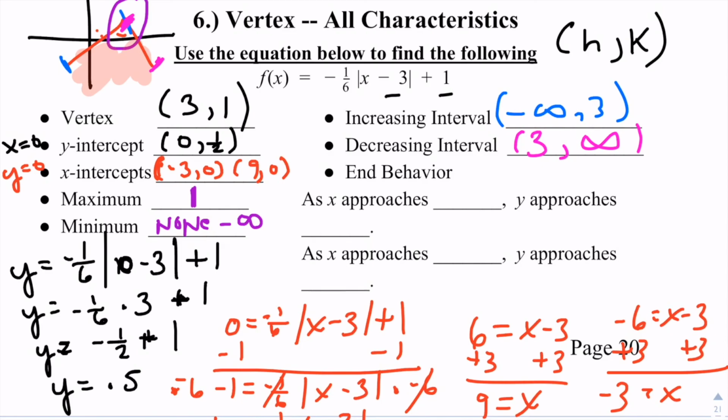And also looking at my sketch, I can tell that my end behavior, because that's going that way, is that as x approaches infinity, y is approaching -infinity. And as x approaches -infinity, going that way, my y is approaching -infinity.